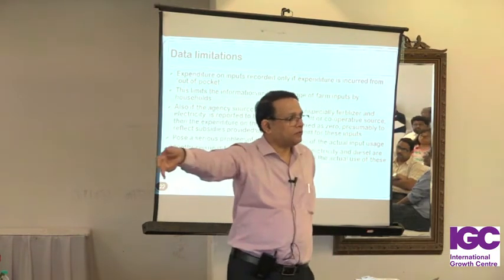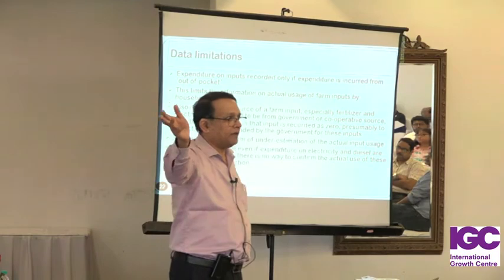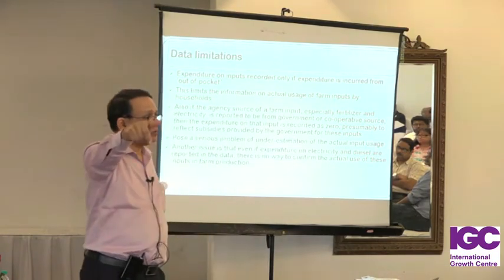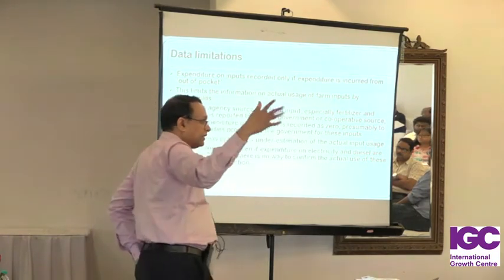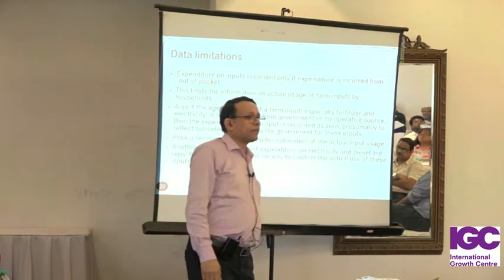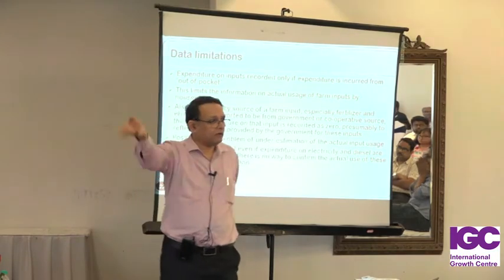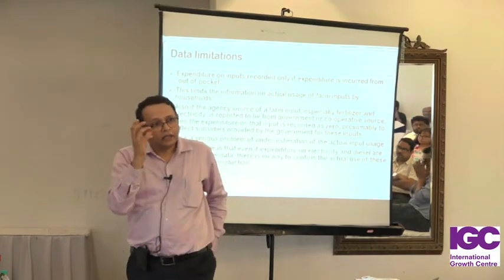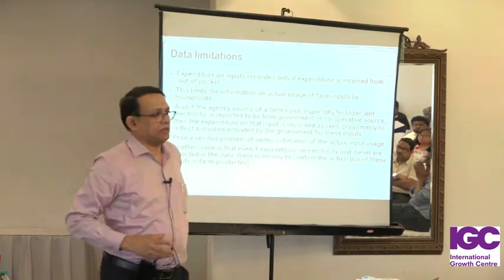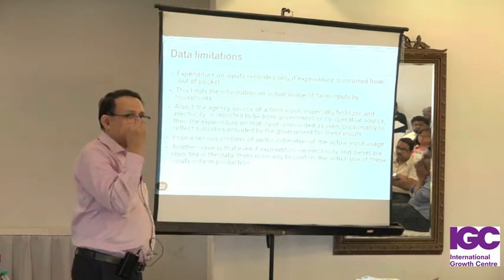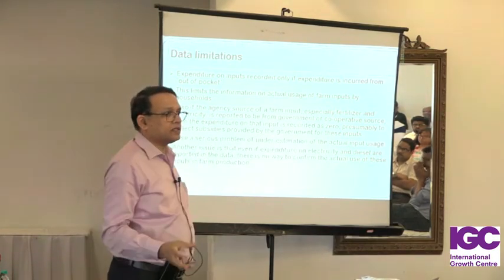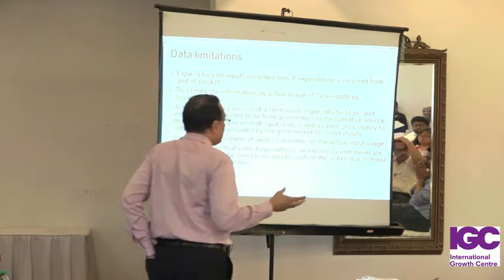If one member of your family is sitting there, you are not paying a wage, and there is no imputed labor cost. So whether it is the farm side or the non-farm side, the input costs are underestimated, because what they record is only the actual expenses incurred out of pocket.